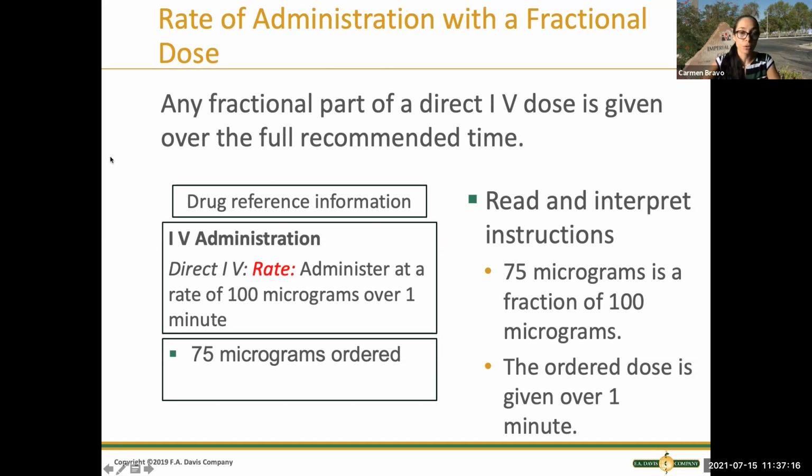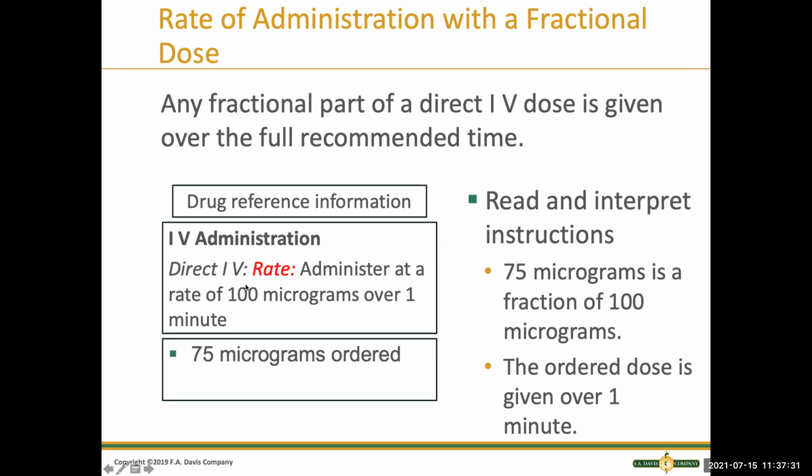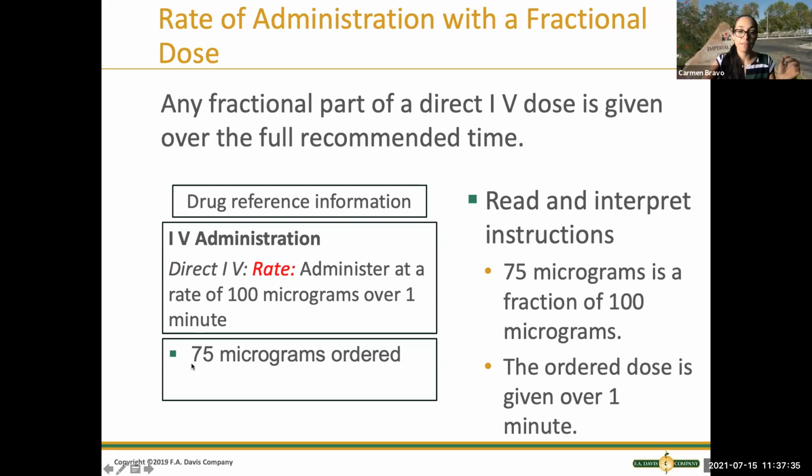Sometimes you're going to come up with medications where the literature, for example here, is telling you to administer at a rate of 100 micrograms over a minute. And the order is only 75 micrograms. So you're going to round it, go over a minute. That's basically all it's telling you.